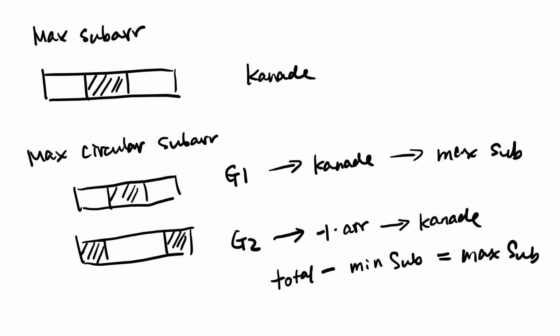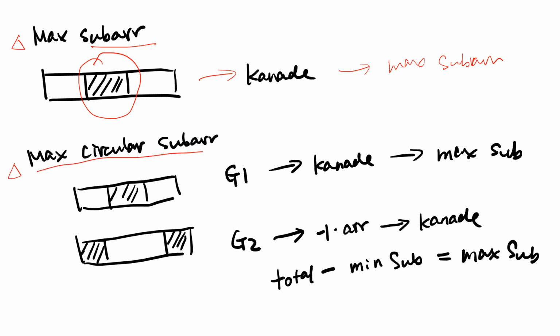So here I draw again these two situations, the maximum subarray problem and the circular subarray problem. As we discussed before, for the maximum subarray problem, if our candidate is only this kind of subarray, the canonical algorithm is the algorithm to use. That gave us the maximum subarray value. Now in the maximum circular subarray, we have more candidates to consider, right?